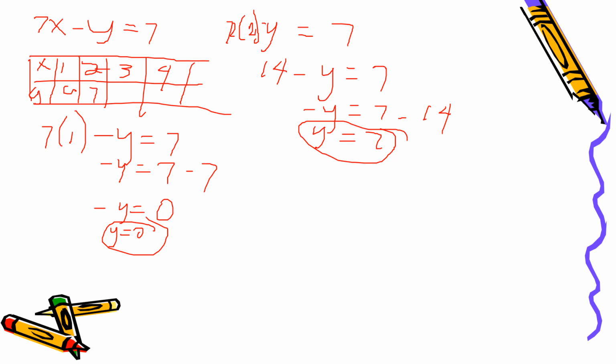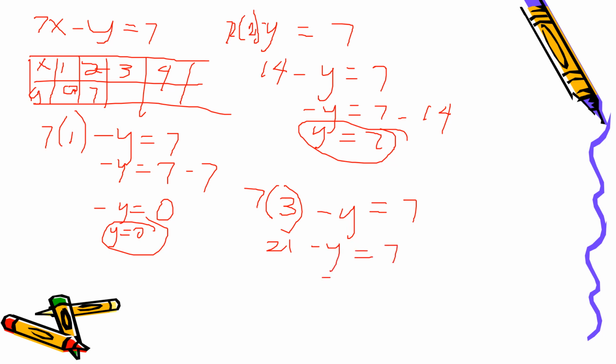Next, we have 7 times 3. Okay guys, the first one was 0, in case we forget. Then 7 times 3 minus y is equal to 7. So this is 21 minus y equals 7.